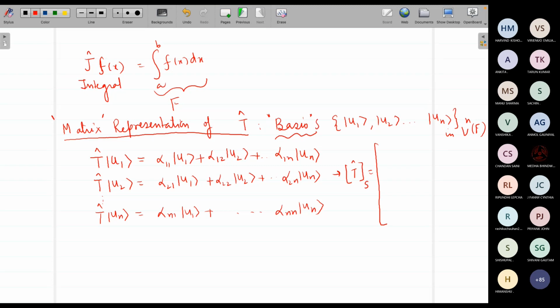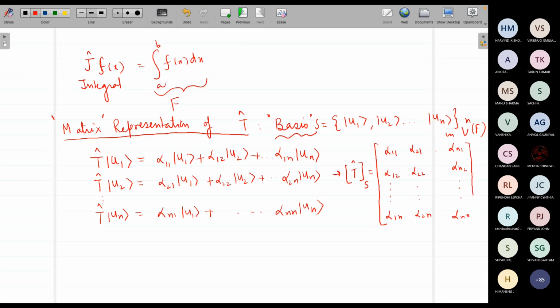Let me call this basis S. And this will be alpha 1 1, and please see the definition which I am going to use, alpha 1 2, which is mostly used, alpha 2 1, alpha 2 2, so on and so forth, alpha 2 n, and alpha n1, alpha n2, alpha nn.